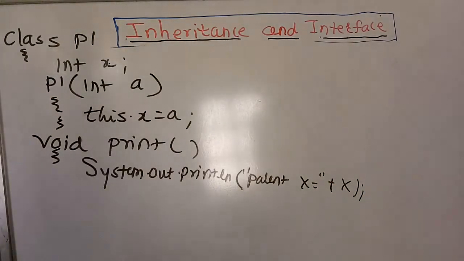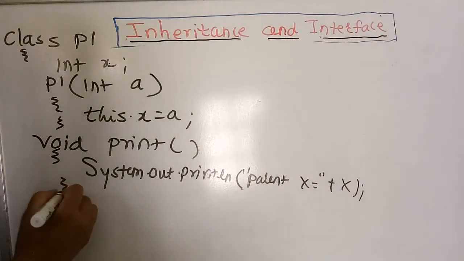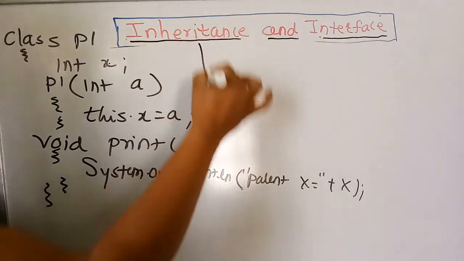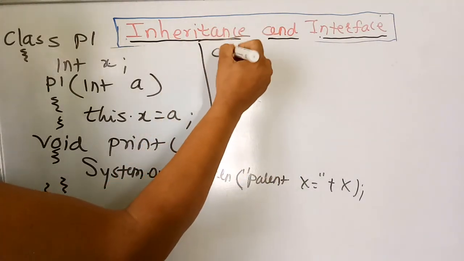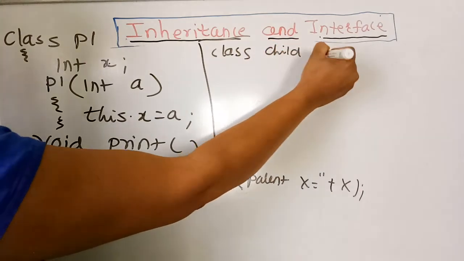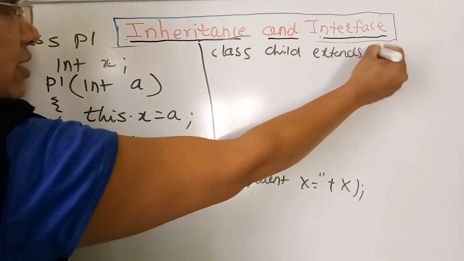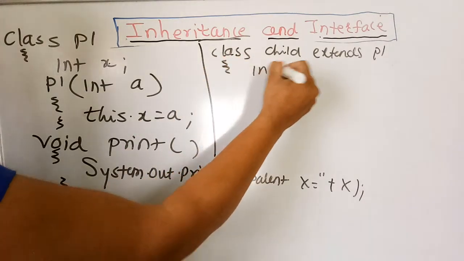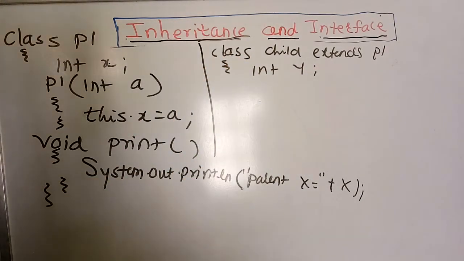Now we will create another class, the child class. We create the class Child, and it extends the parent class. Here we also write a variable, an integer y.